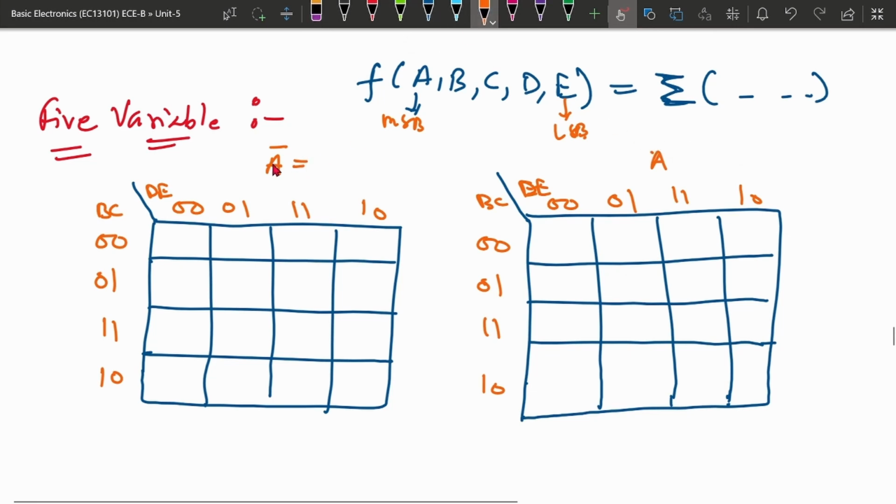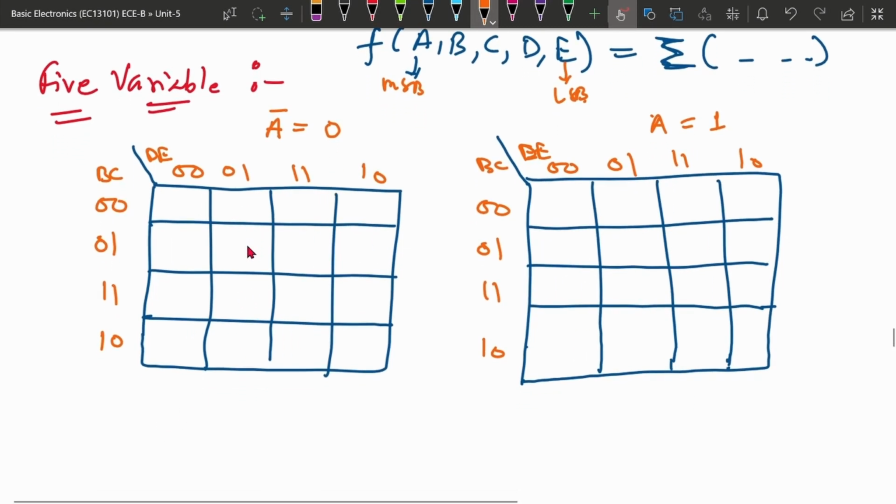So these 16 blocks represent A bar, meaning A is 0. Here this is A, which means it is representing 1. If 5 variables A, B, C, D, E are there, the different combinations will be 2 to the power 5, that means 32 possible combinations.